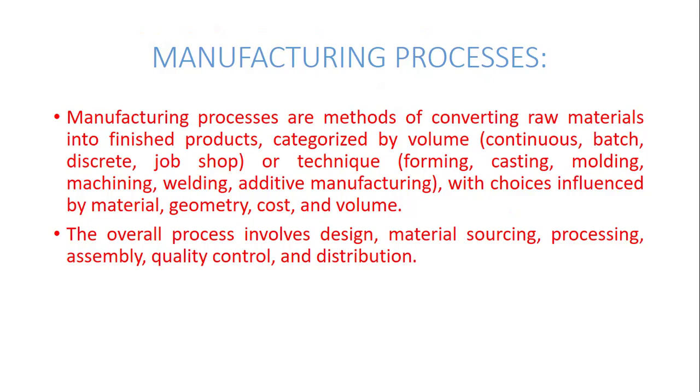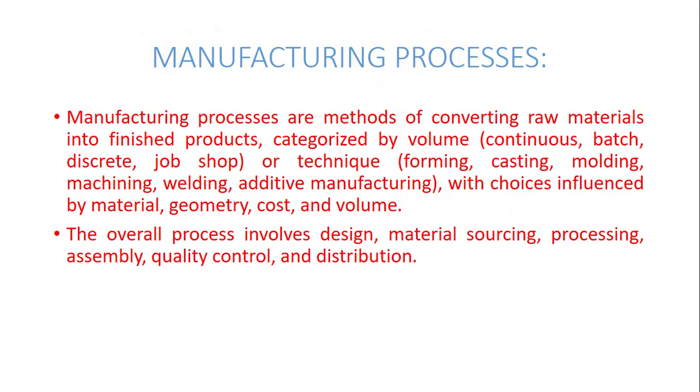Now, with the basic objective covered, we will move on to the problem definition. What do you mean by the basic term manufacturing process? It is defined as a method or mechanism of converting raw material into a final usable product. The manufacturing process can be handled by a number of production techniques, say continuous, batch production, discrete and job shop production.